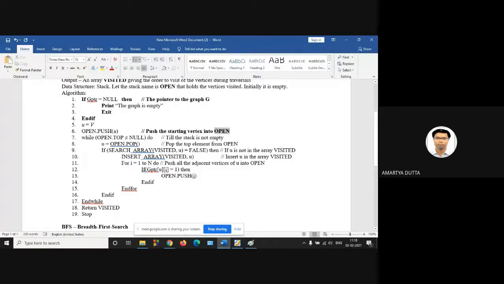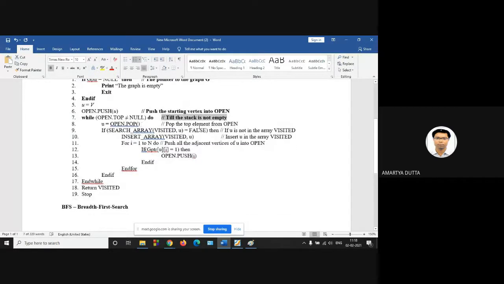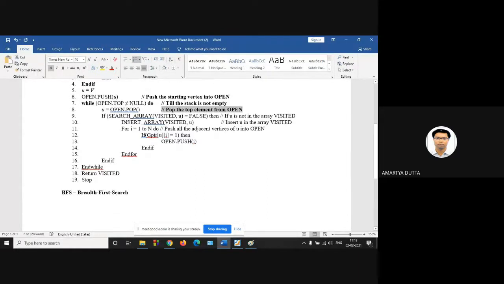Okay, and while your stack top is not null, then do, that is, till the stack is not empty. So first of all, pop the top element from your open stack.